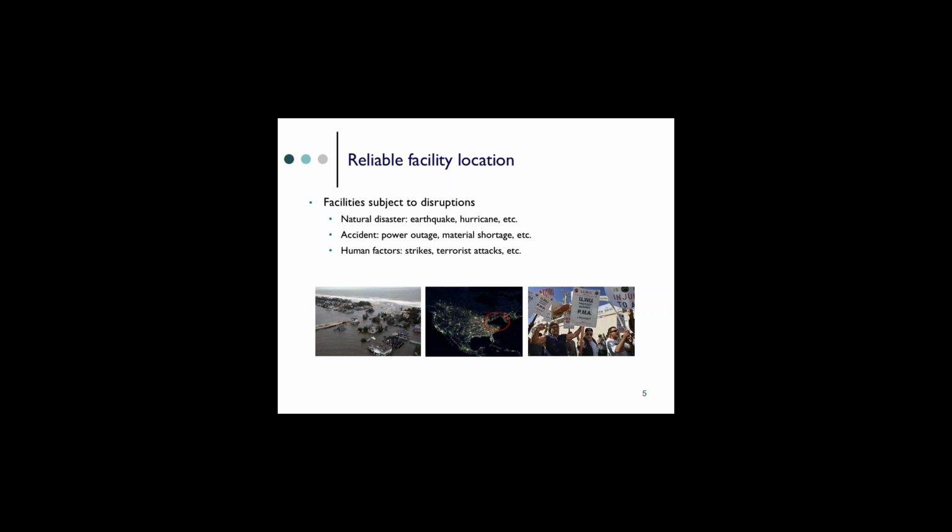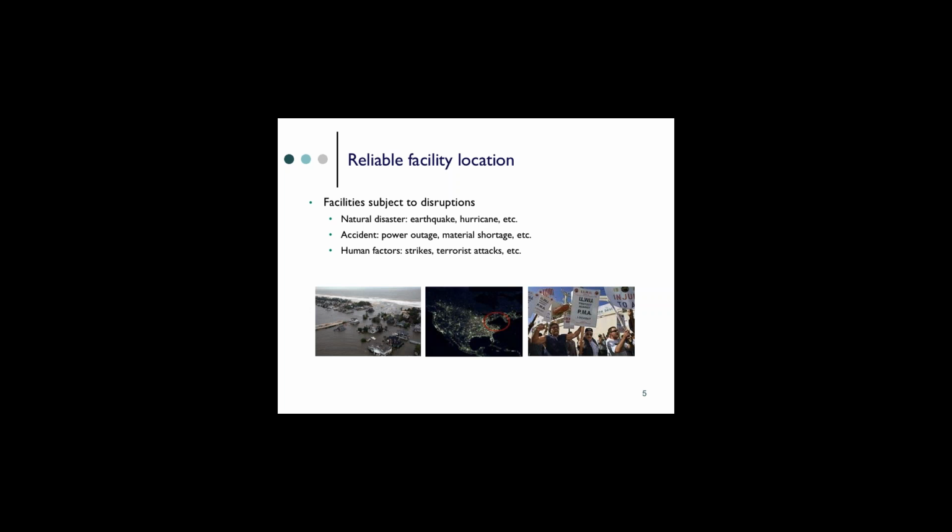In addition, some human factors could lead to facility disruptions as well. A quite intuitive example is strikes. If the workers in the facility refuse to work, definitely the functionality of the facility will be affected.